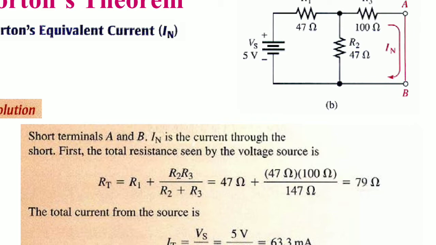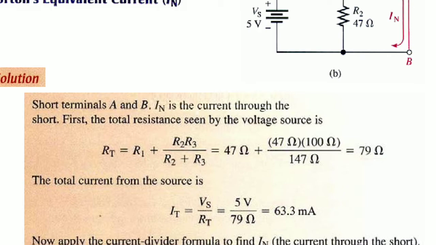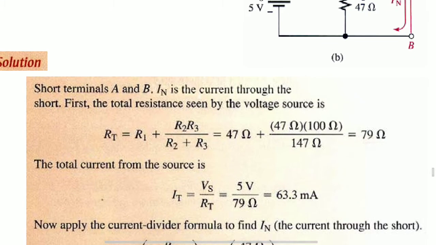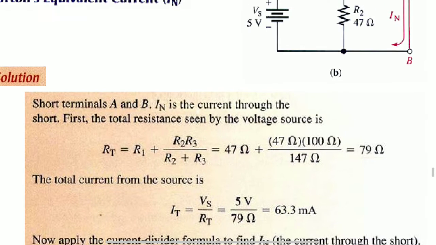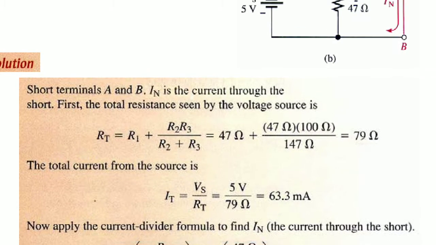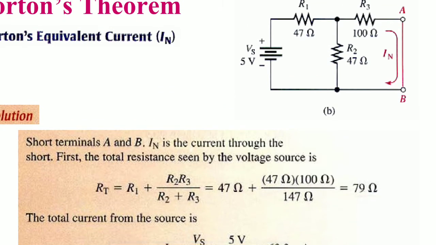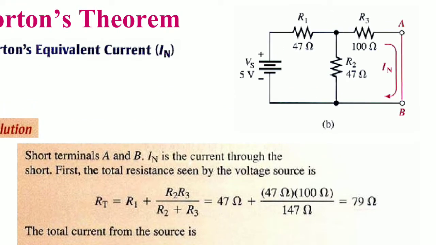Here, the resistance seen by the voltage source, RT, is equal to R1 plus R2 R3 by R2 plus R3.